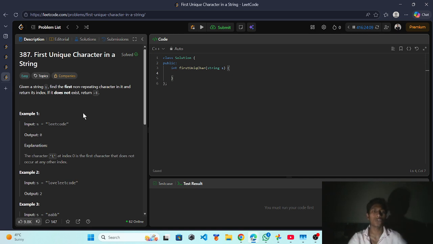So the approach here is that we have to count the number of characters in string s. That approach is a revision of the previous question's approach.